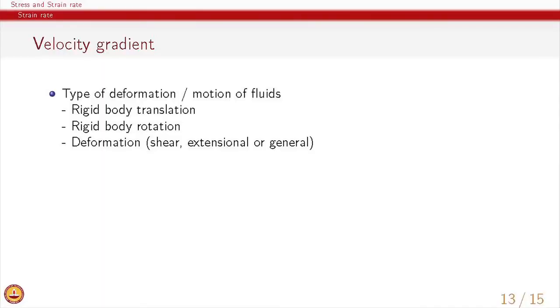So, in the next class, we will look at the velocity gradient, and we will see that velocity gradient describes rigid body translation, rigid body rotation and deformation, which are the three phenomena that have to be described for a material which is flowing.